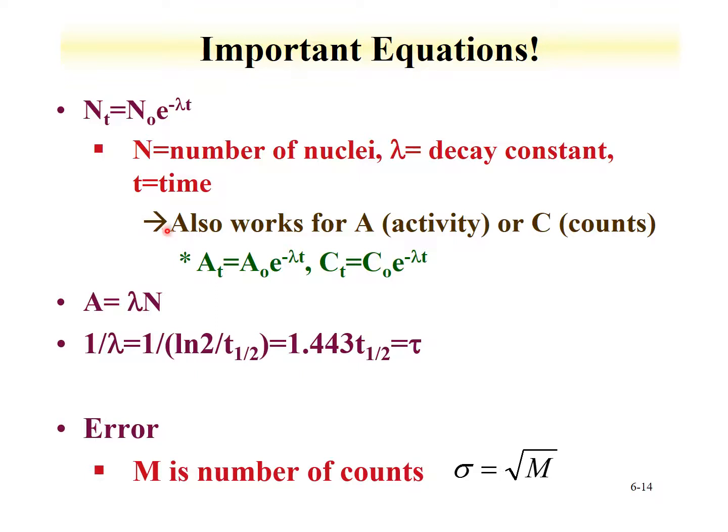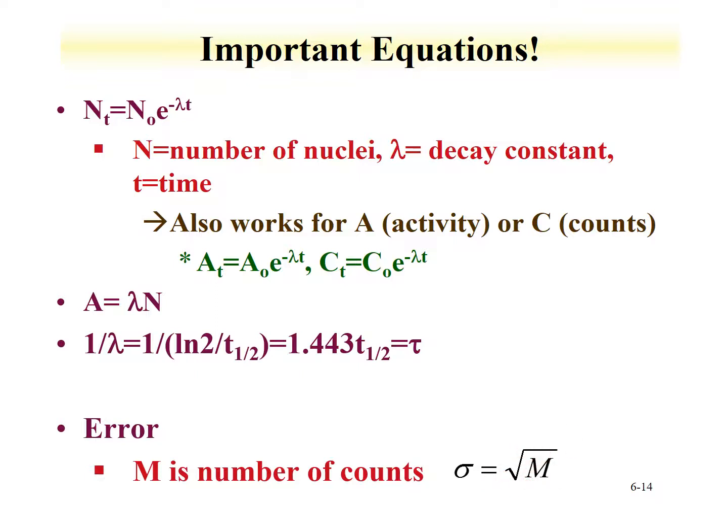Another important equation is the activity equals the decay constant times the number of atoms. This tells me my activity is a count rate, so counts per second is equal to the decay constant, which should be in inverse seconds, times the number of atoms. And then this equation, the lifetime equation that we just went over. And then also a very important equation is one that describes error, where for N number of counts, the error is just equal to the square root of the number of counts.